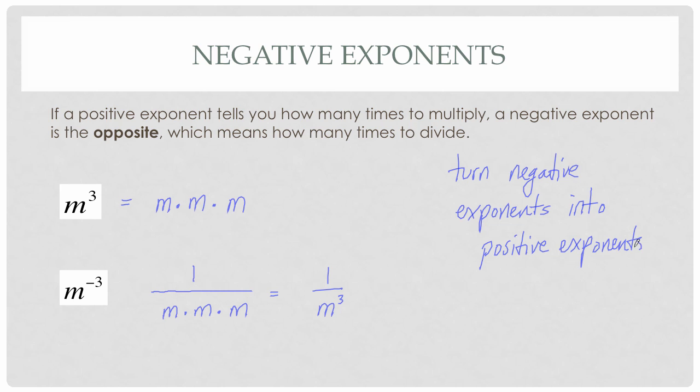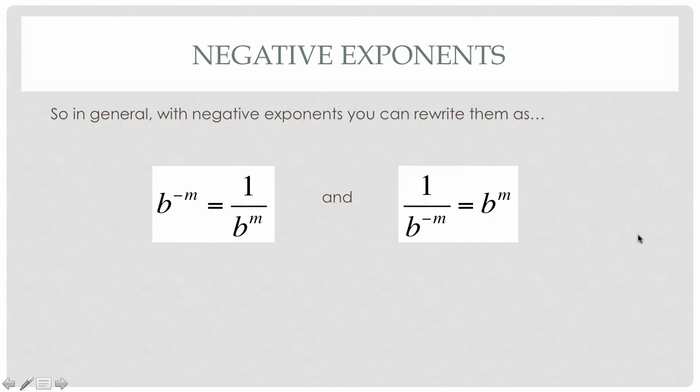We'll do some more examples combining all of these, but that's how negative exponents work. So in general, if you have a negative exponent, you can rewrite it as a division problem with a positive exponent. Or if it's already divided with a negative exponent, then the opposite of dividing is multiplying, so we move it back up to b to the positive m. Both of these are how we handle negative exponents and change them into the positive version of the exponent.